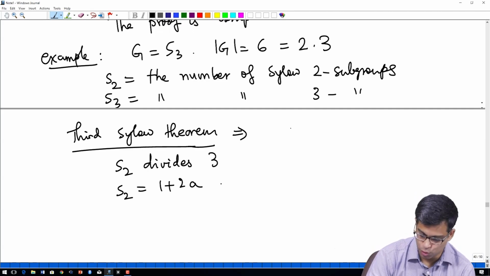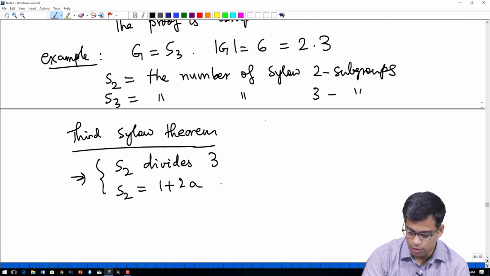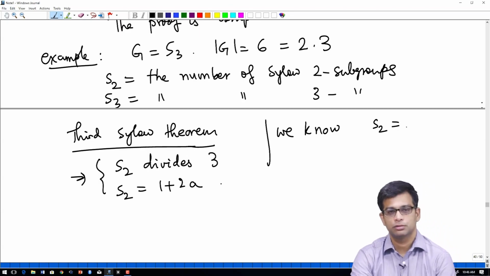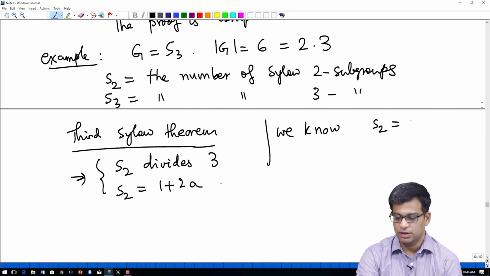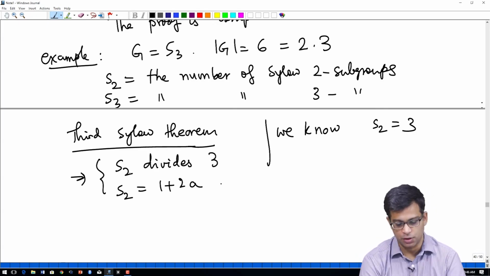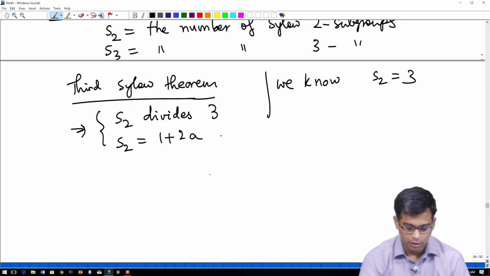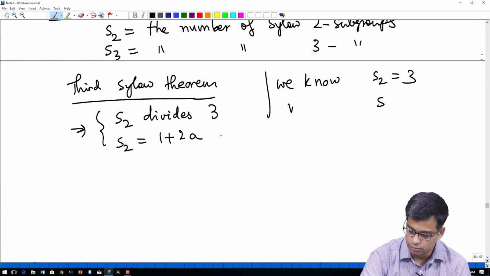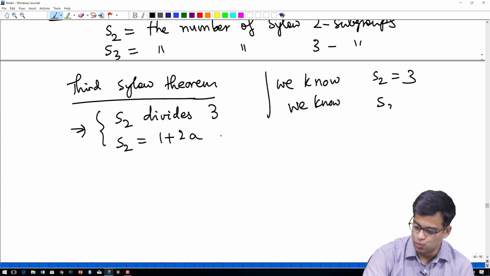But what is S2? As the third Sylow theorem says this, but we know what S2 is. We have already seen there are 3 Sylow 2 subgroups. Does 3 satisfy this? Yes, of course it does, because 3 divides 3 and 3 is of the form 1 plus 2A. What does the third Sylow theorem say about S3? We know S3 is 1.